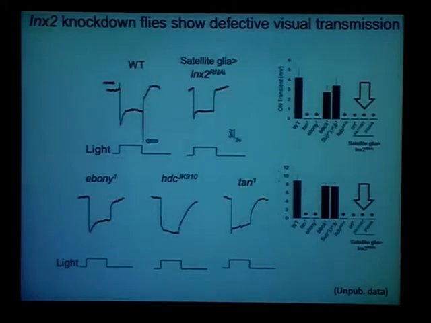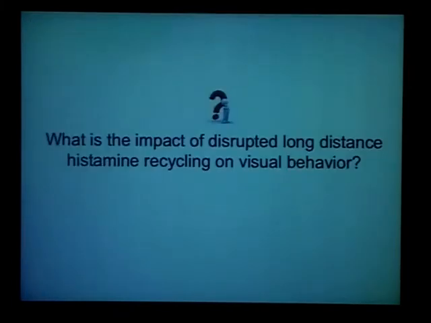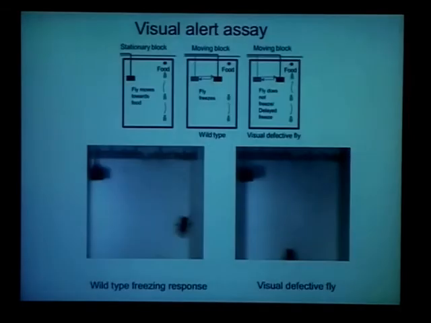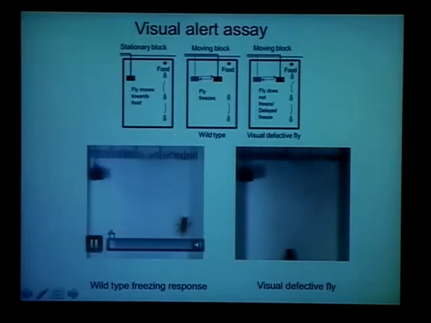This is the quantification. Then we asked what is the impact of disrupted long-distance histamine recycling on visual behavior. For this, we have developed an assay in the lab, which is called the visual alert assay. In this assay, we allow a single fly to move upwards, and then we challenge it with a moving box across its visual field and record its response. In a wild type fly, the fly shows a freezing response as this block moves towards it.